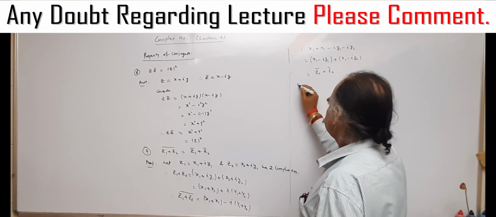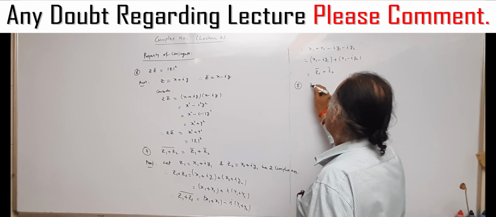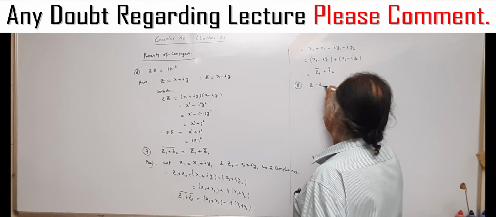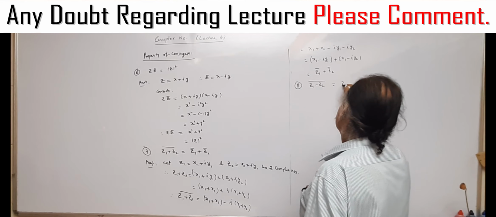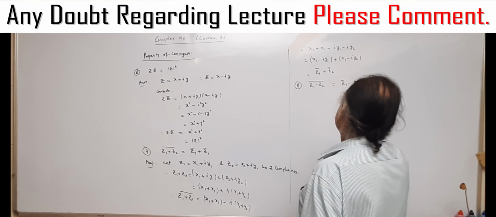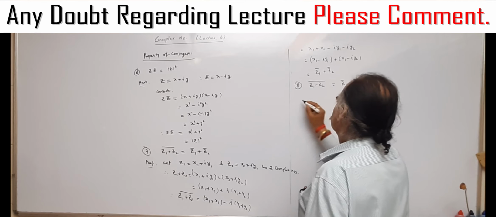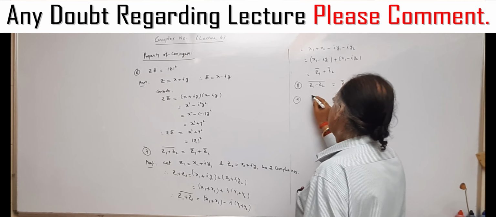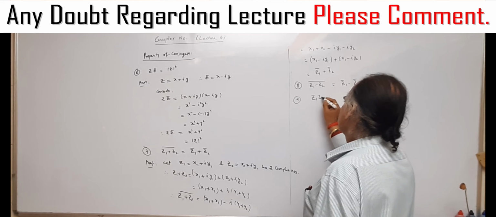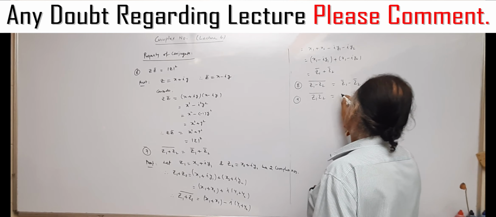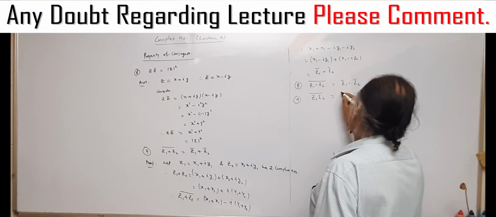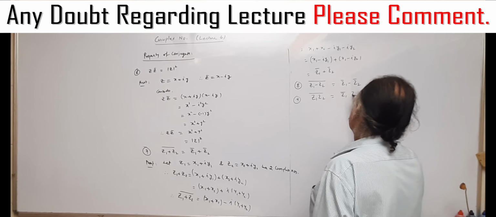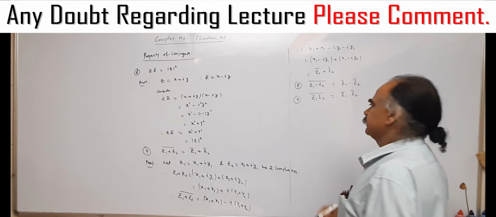Similarly, z1 minus z2 conjugate is z1 conjugate minus z2 conjugate. z1 into z2 conjugate is z1 conjugate into z2 conjugate.